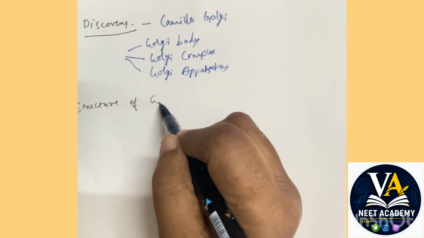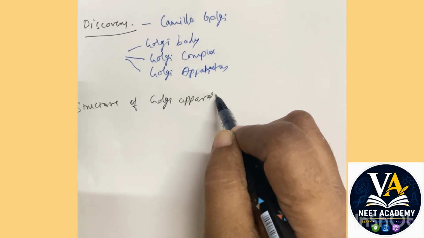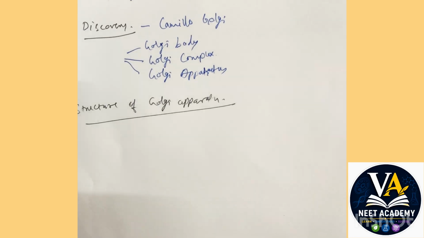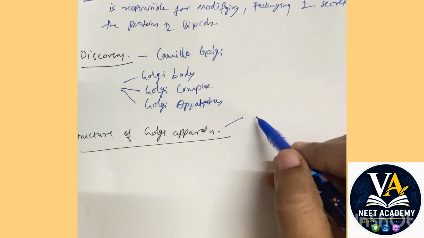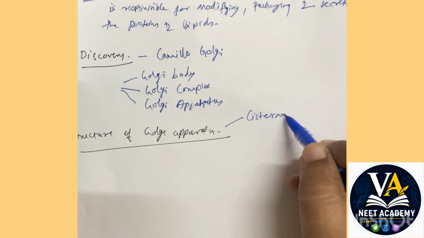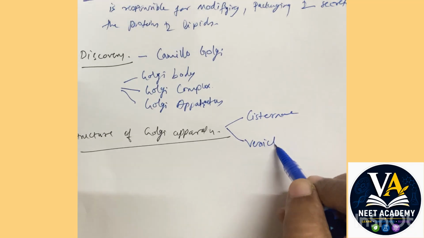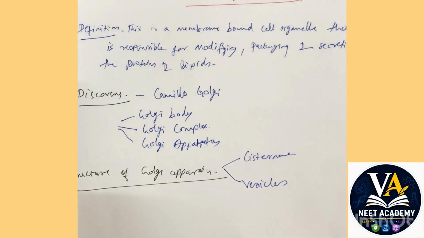Structure of Golgi apparatus. Okay, so when we talk about the structure, I need to tell you it is made up of two basic structures called cisternae and vesicles. Cisternae and vesicles. So what is a cisternae?